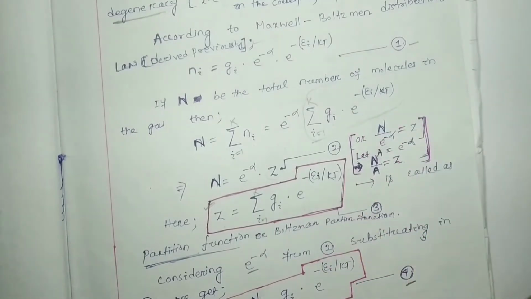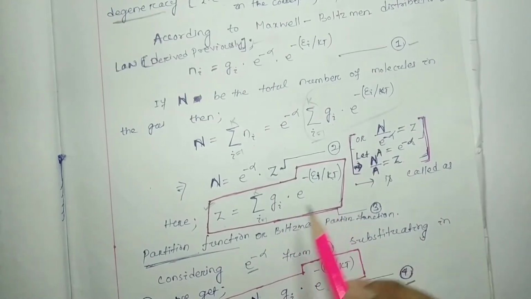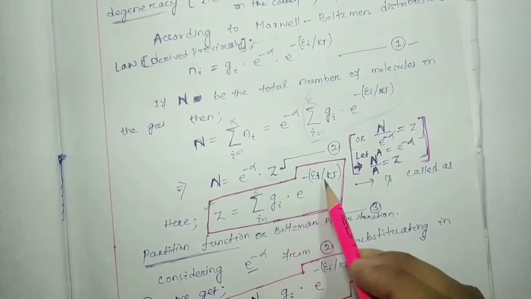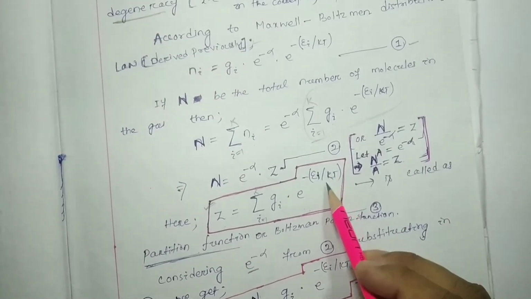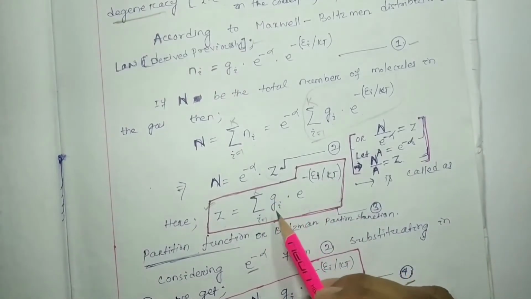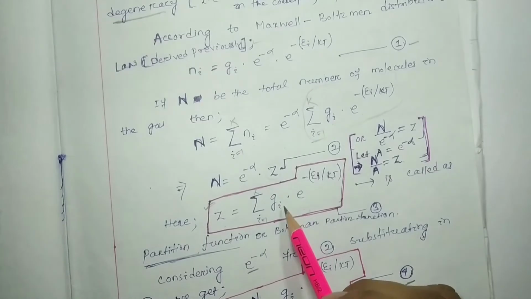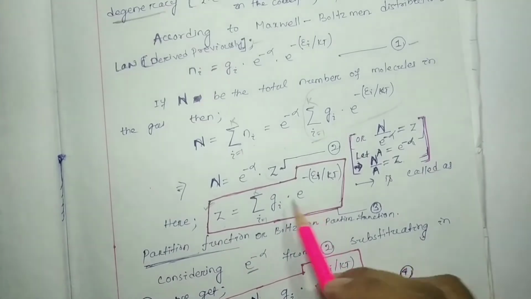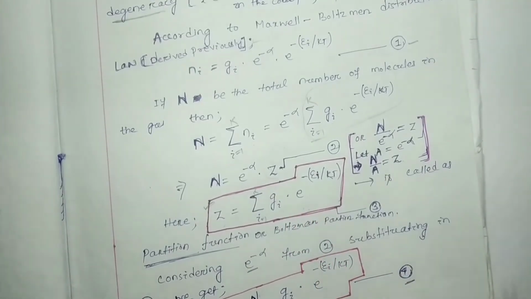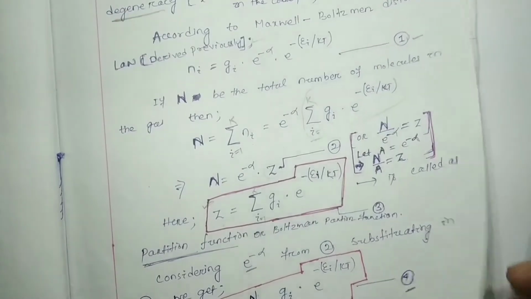You have to remember this expression: gi into e to the power minus epsilon i by kT. Here gi is the degeneracy of one compartment. We discussed this in detail in our last class.